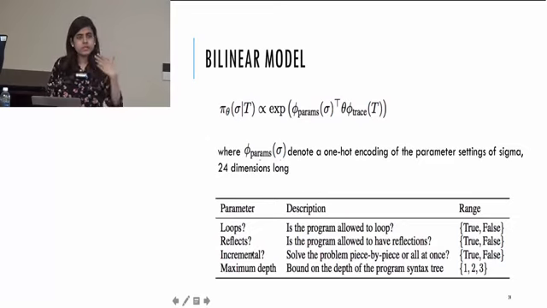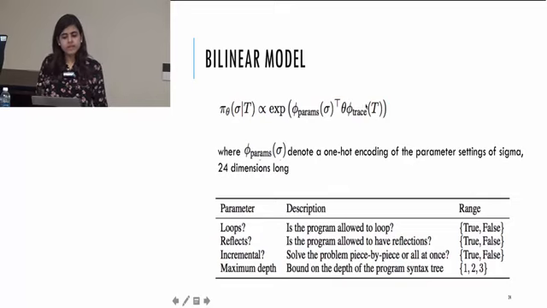So these are the parameters that this policy questions when it is searching in the program space. It asks if it has loops, does it have reflections, does it have incrementals, maximum depth, etc. And you see the output has two combinations, 2 and 2 and so forth. So when you multiply, you get a 24-dimension long vector. So these parameters are questioned, and then it comes up with the program that has the minimum cost and explains your trace set. Phi trace here refers to features of your trace set.